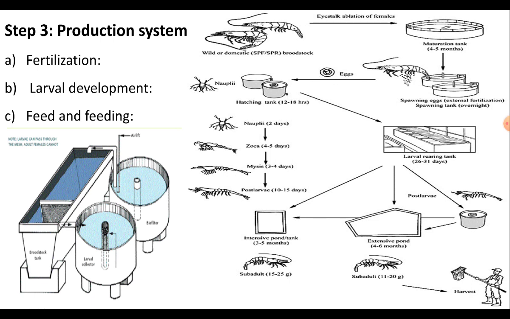In this step, a typical male to female ratio is maintained in the brood stock, in which the copulation is allowed and the fertilization takes place externally, where after copulation the female carries the fertilized eggs, which are orangish in color, and after 2 or 3 days before hatching, the eggs turn grayish black in color.